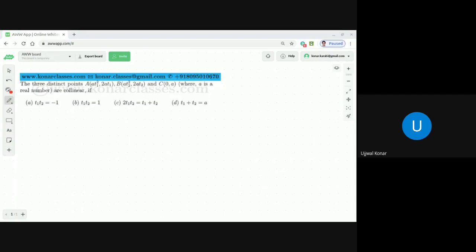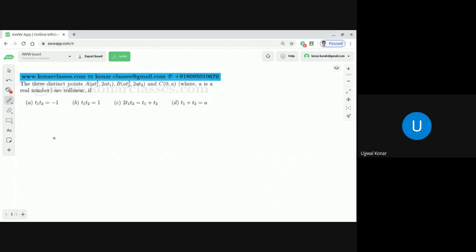So we know the three points are collinear if the value of this particular determinant is 0. You recall that the coefficient of x, y, and the constant term has to be 0.